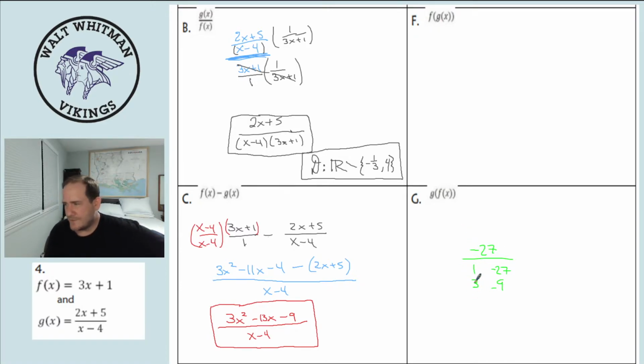All of our factors are just 3s. 3, 3, 3. So either 1 and 20. Yeah, that's it. Those are the only options, and none of them give 13. So we know we can safely say that we are just not factorable. And that means that our only domain restriction is still going to be just the 4 from g of x.